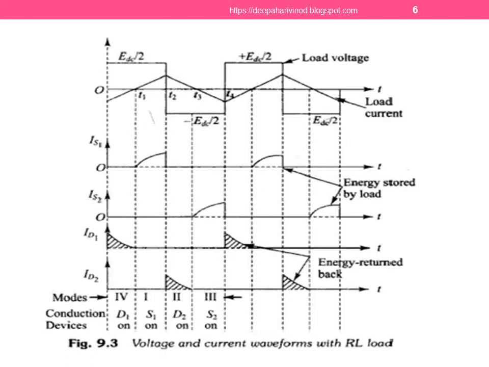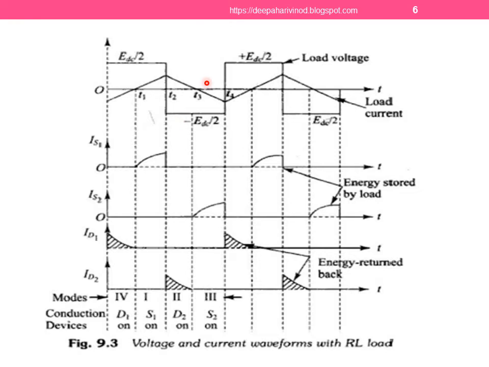The output load voltage is minus EDC by 2 during the second mode.